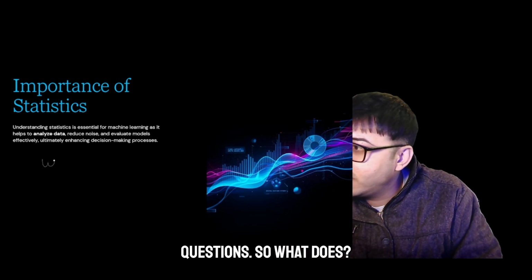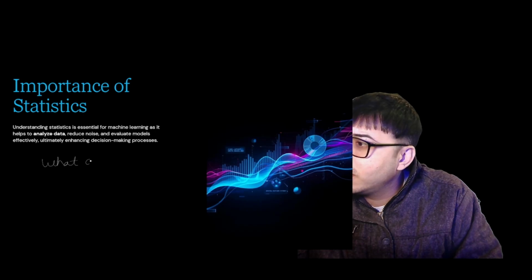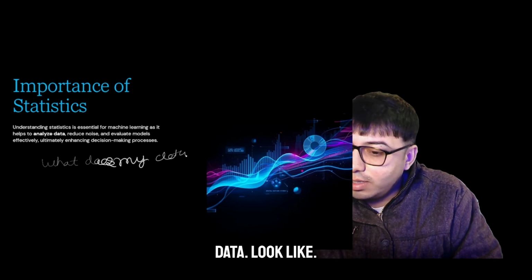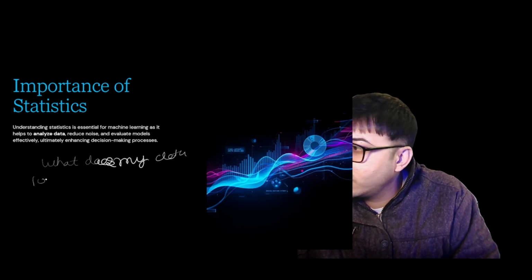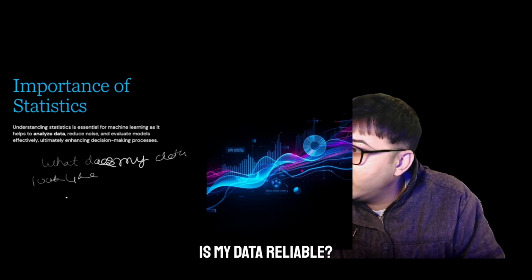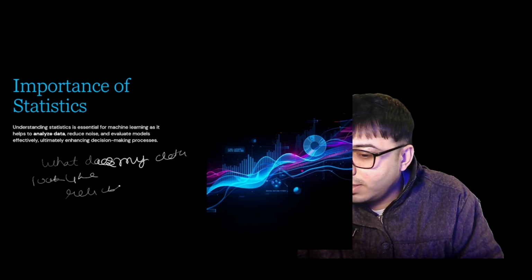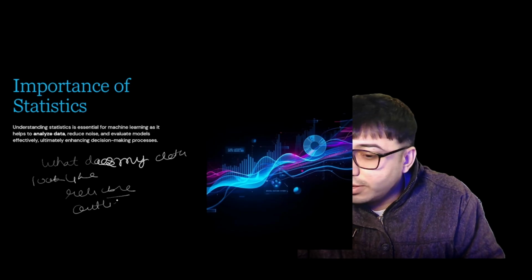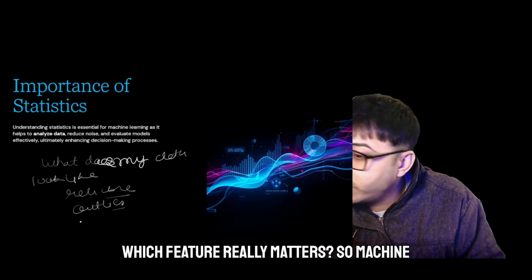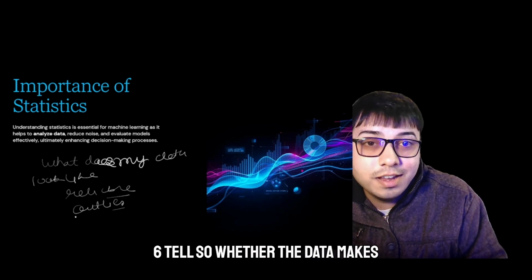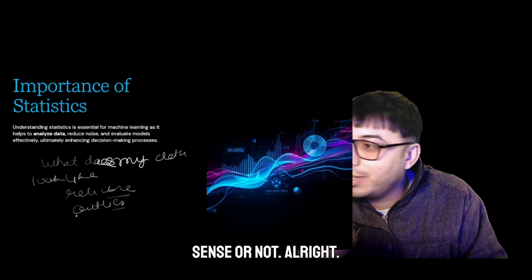What does my data look like? Is my data reliable, or are there any outliers? Which feature really matters? Machine learning models learn from data, and statistics tell whether the data makes sense or not.